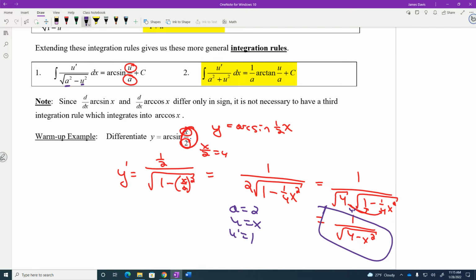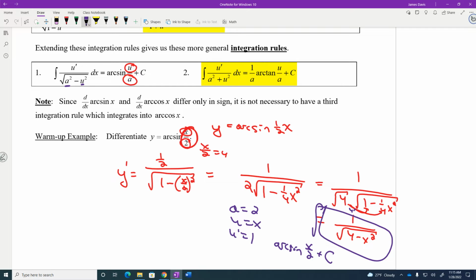So how this would work is, if we were to integrate this, the integral of this would be the arc sine of u over a, so u is x, a is 2, plus c. And that is what we started with there. So this, I know, is complicated. It probably looks complicated, seems complicated.